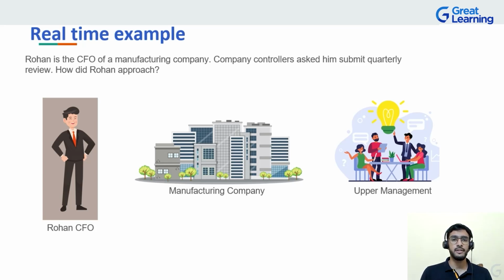So Rohan, as the CFO of the company, is obliged to put in a management accounting report to the upper hierarchy. The first and foremost thing he did in his report was add the company's financials to the report. That was not difficult for Rohan, as there was a precedent for that.